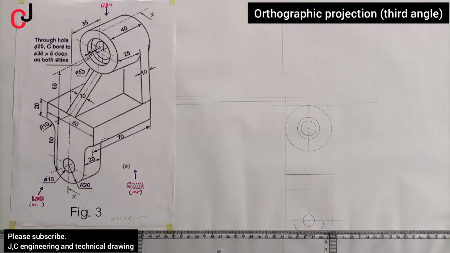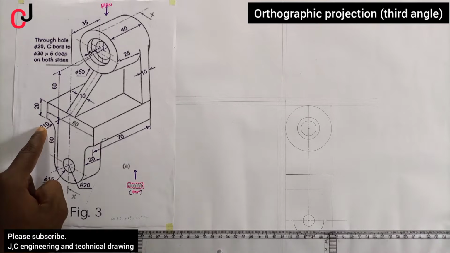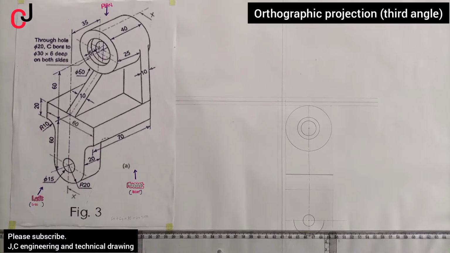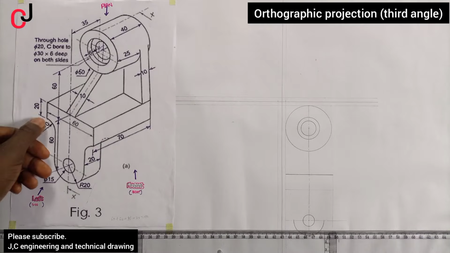And then from our side view, you can see we have a radius of 10 millimeter. So open our compass to 10 millimeter, and then we represent this curve here using the principle of tangency.